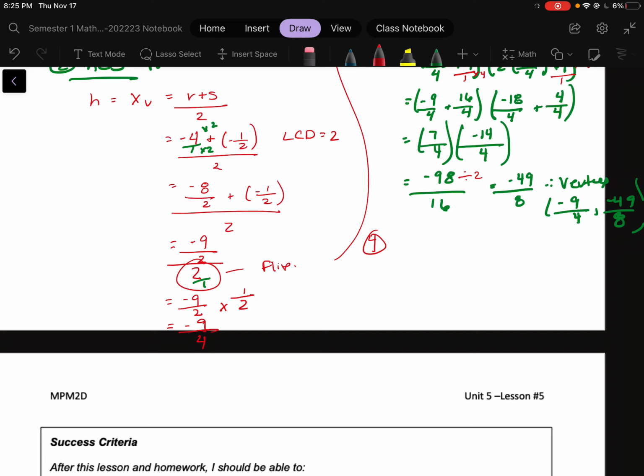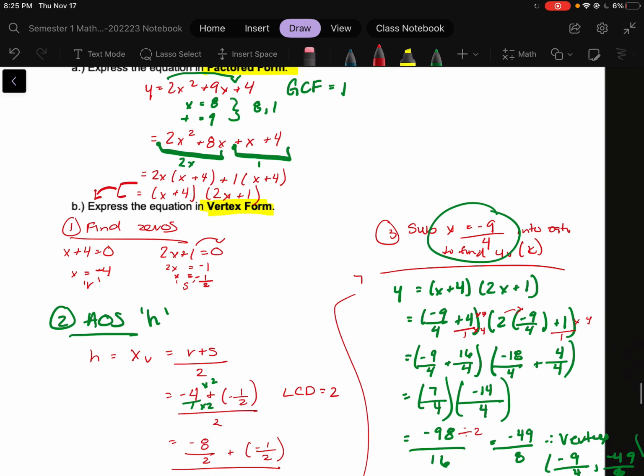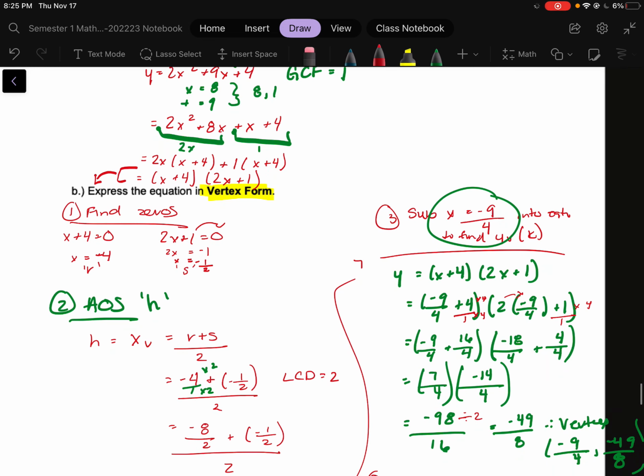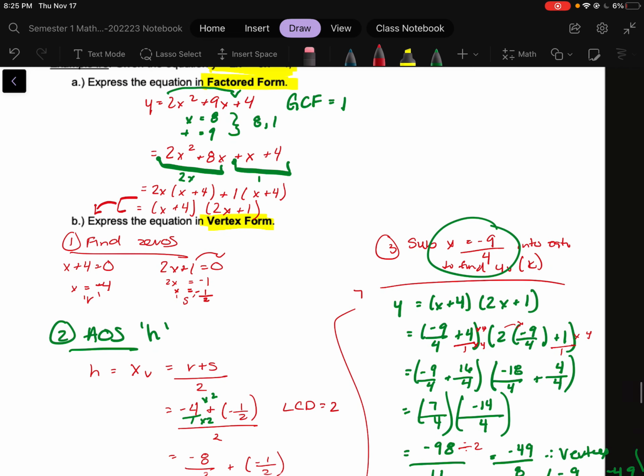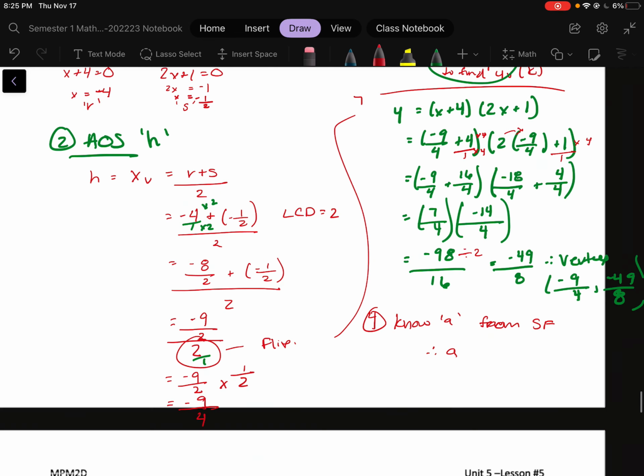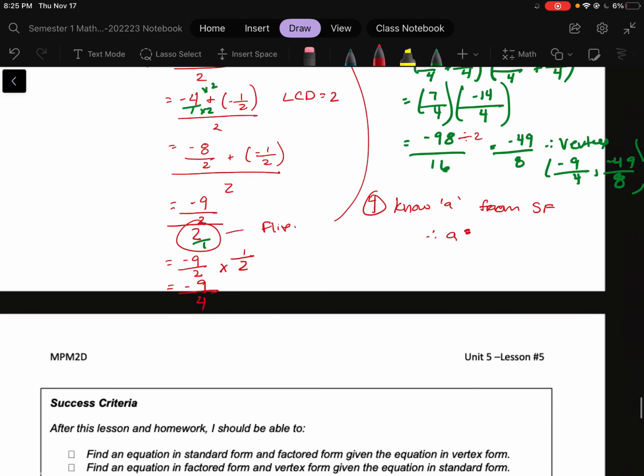Now, step 4. We're almost done. So we need to know A from standard form. If we go back to our standard form, where we were solving for A before, which was 2. So therefore, A is going to be equal to 2.